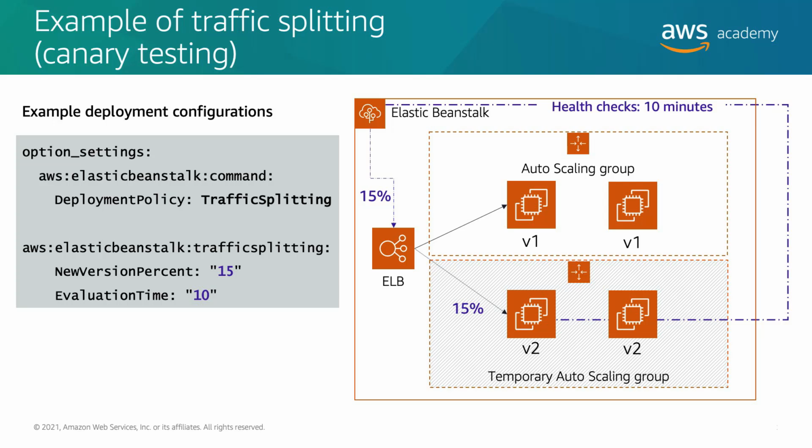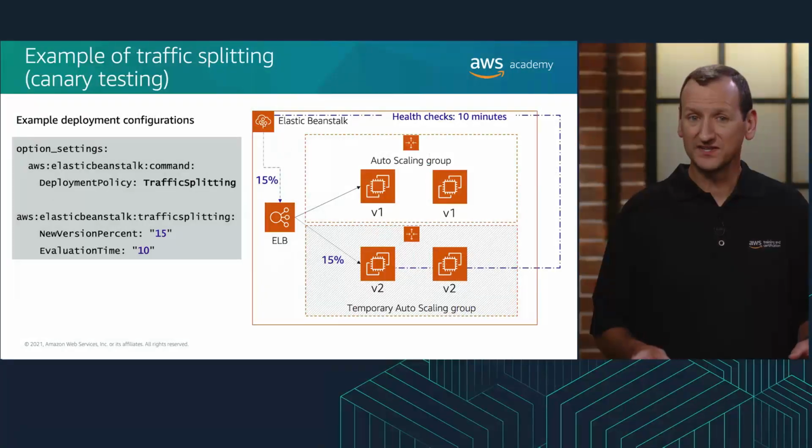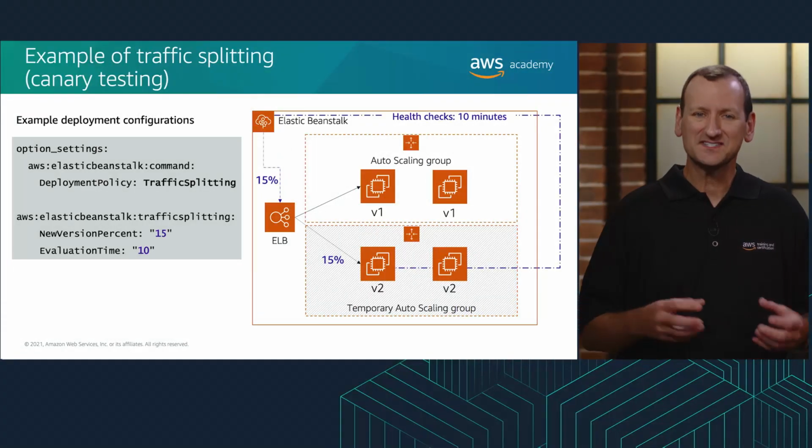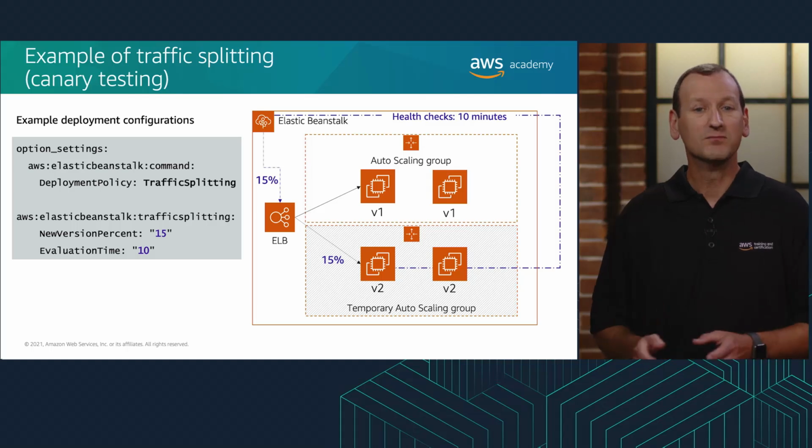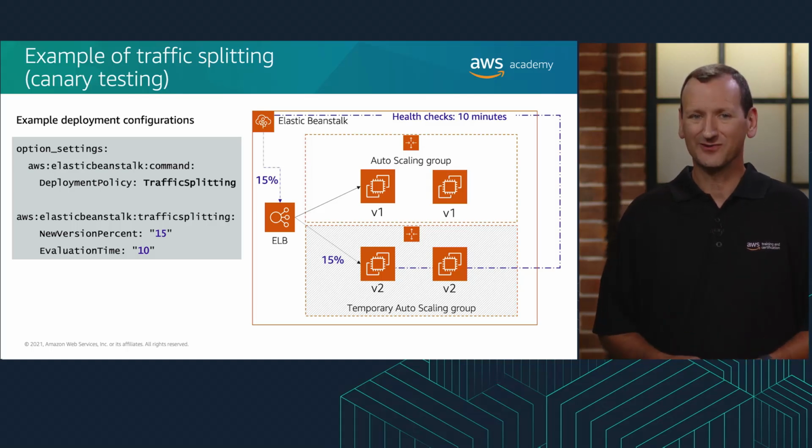Then, for the configured amount of time, evaluation time, Elastic Beanstalk tracks the health of the new set of instances. If all is well, Elastic Beanstalk shifts remaining traffic to the new instances and attaches them to the environment's original autoscaling group. They replace the old instances. Then Elastic Beanstalk cleans up by terminating the old instances and removing the temporary autoscaling group.